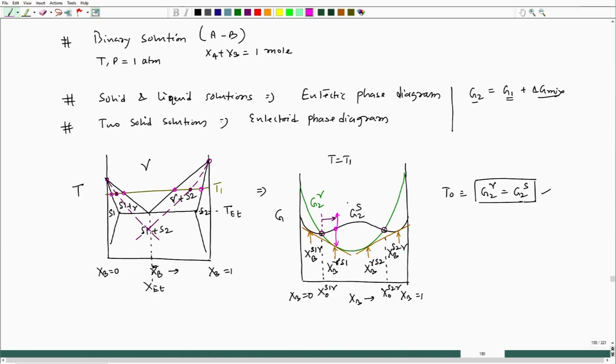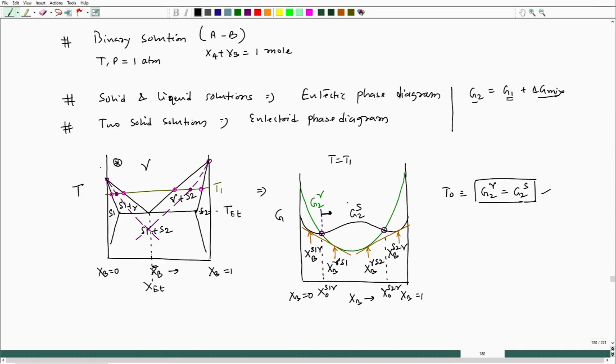If it goes downward, let me redraw it. If I take a composition on the right of it, let us say I start at a very high temperature. So, let us say I take a composition here.